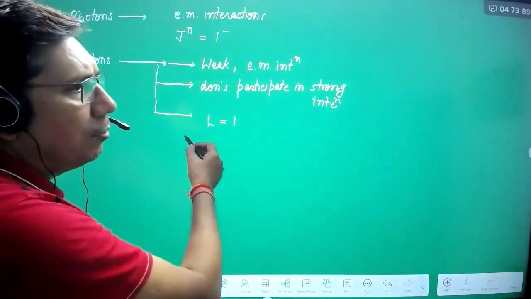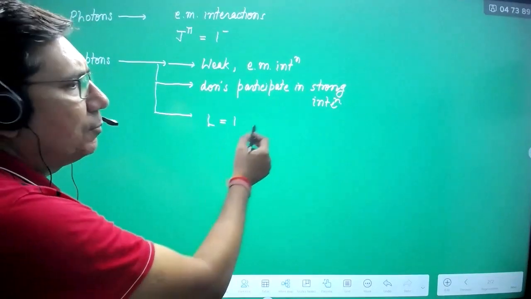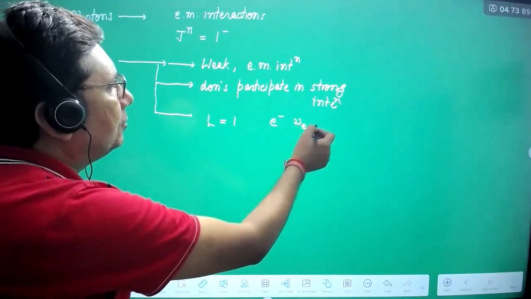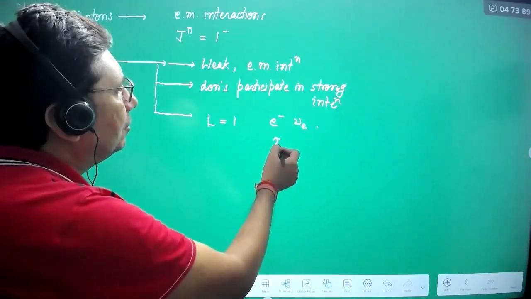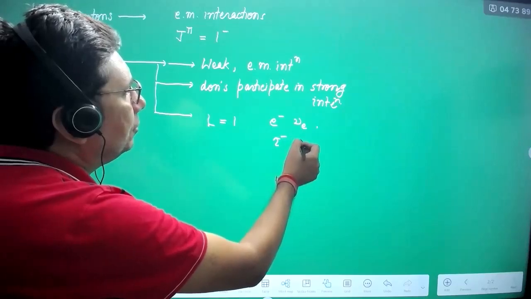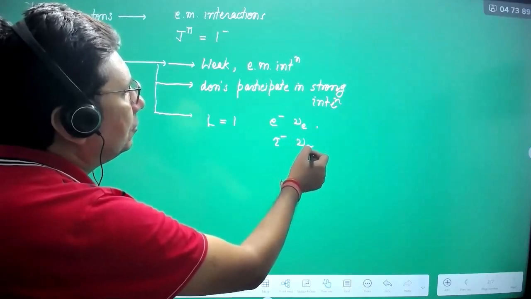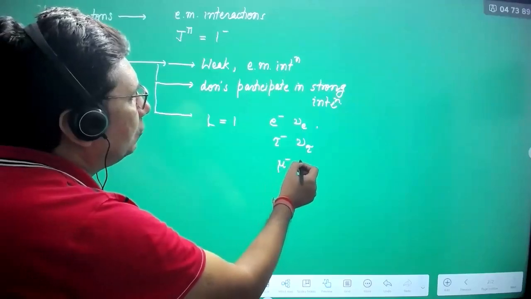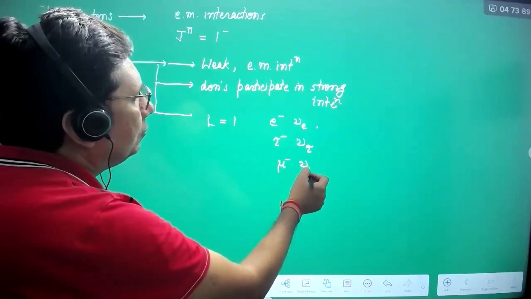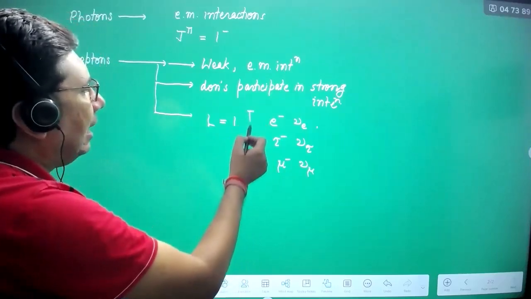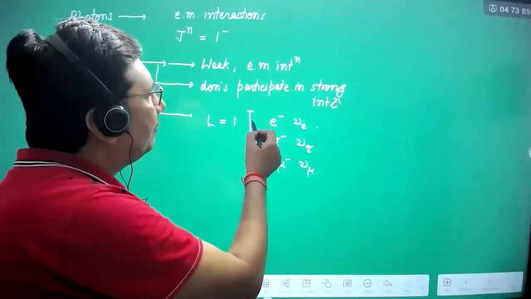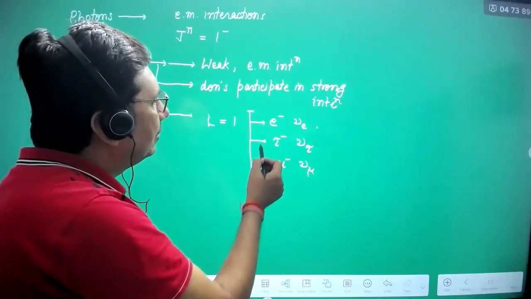This is for all the members of leptons: electron, electron neutrino, tau, tau neutrino, and mu, and nu mu. So this L is 1 for all of them, but they are representing three different families here.